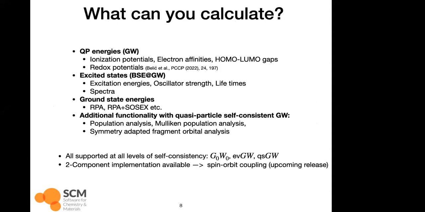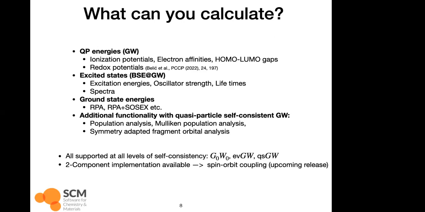For instance, with my former colleague Jelena, we have a paper where we applied this to calculate redox potentials, which are related to the ionization potentials. And then, of course, you can model excited states using BSE based on GW. You get excitation energies, oscillator strengths, lifetimes, spectra, the same as what you typically get from TDDFT.